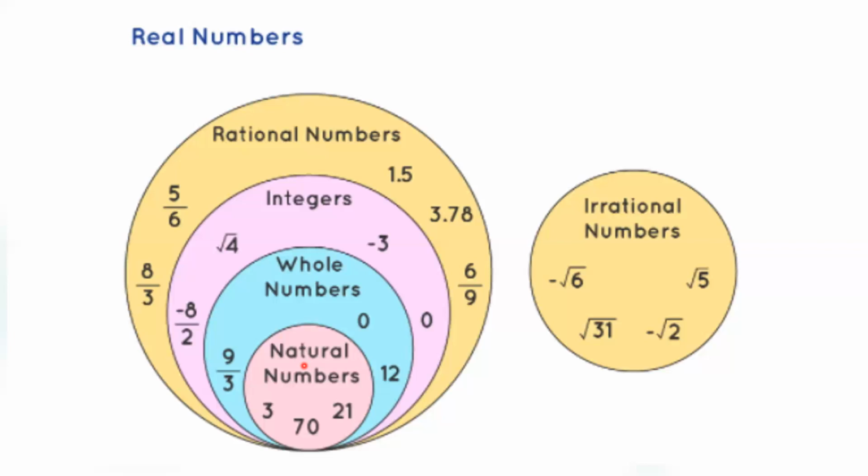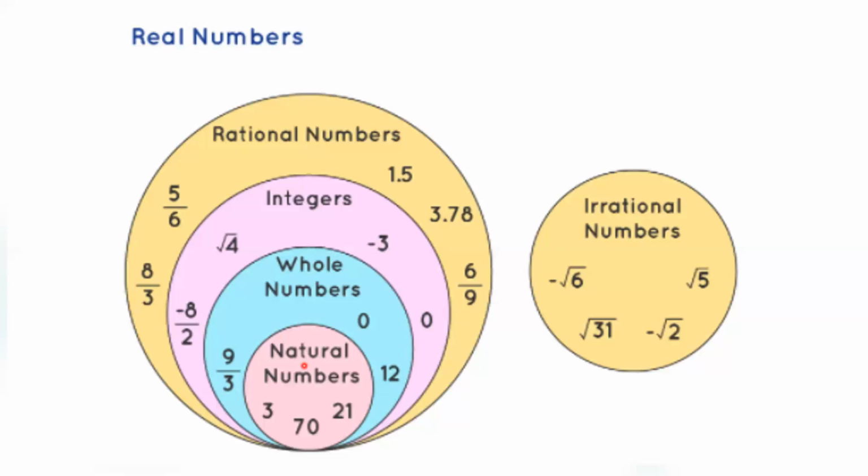The whole numbers are the natural numbers 1, 2, 3, 4, and you add a 0. So the whole numbers are non-negative integers. They are all the positive integers starting from 0. So the difference between natural and whole is that in natural, there's no 0, and in whole, we have a 0.